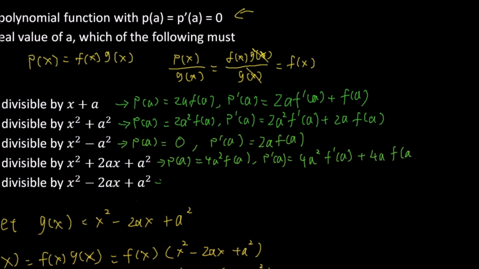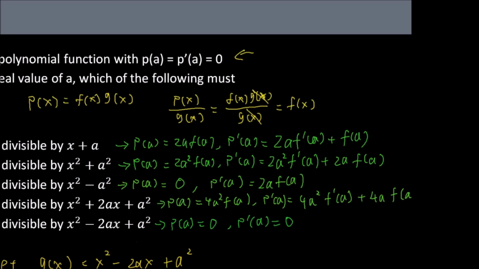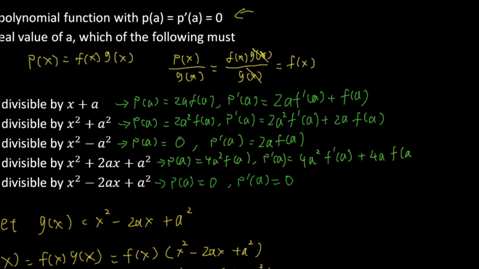For E, P at a is equal to 0. P prime at a is equal to 0. Now, again, what are we looking for in the question? P at a is equal to P prime at a equals 0.